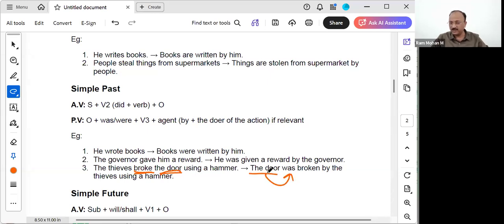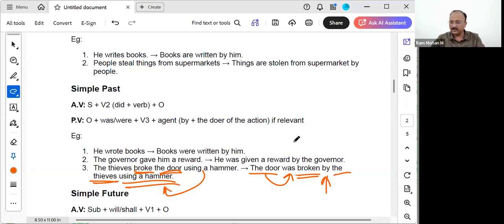Singular, therefore was. Break, broke, broken, followed by what? The thieves become the object. What is the secondary object? Using a hammer comes finally as it is at the end. Using what? That will become the additional thing, correct? It is the secondary object. The door was broken by the thieves using a hammer.